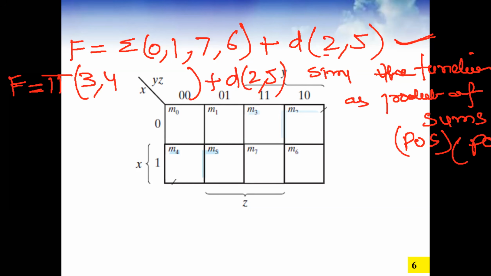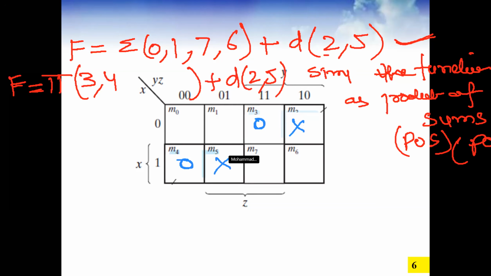So now see, in the K-map basically, 3 is there, another max term is 4, which is there. So I have put the 2 max terms, 3 and 4. And now we have been given 2 don't cares, 2 and 5. So put those 2 and 5 as well. 2 is here, girls, and 5 is here.